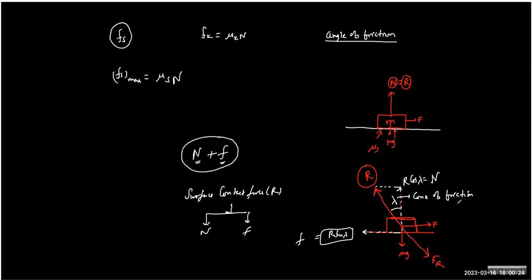And if I remove this force, what will happen? The mg is the only force. So to balance this force, the earth will apply force upward, right? So this is what you need to remember. All right. So we have something called cone of friction, which I will write once again.